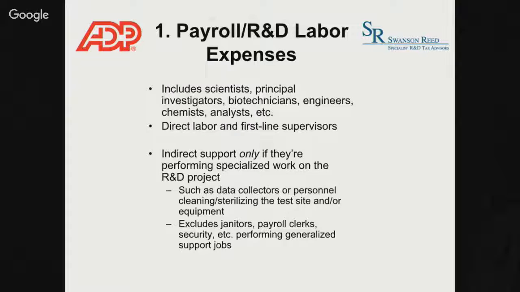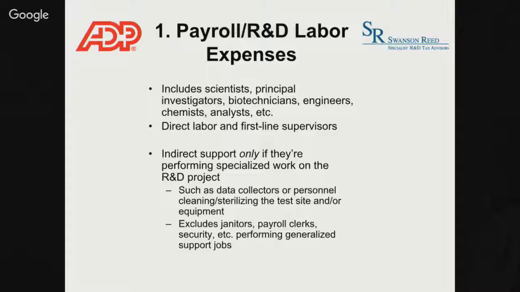For example, a medical engineer could only be spending half of his day working on R&D, so only 50% of his payroll could be claimed as an R&D expense. The amount of labor claimed as an expense to the project should be proportionate to the amount of time spent on R&D. So like I said, R&D labor expenses can only include direct labor and first-line supervisors to the project.